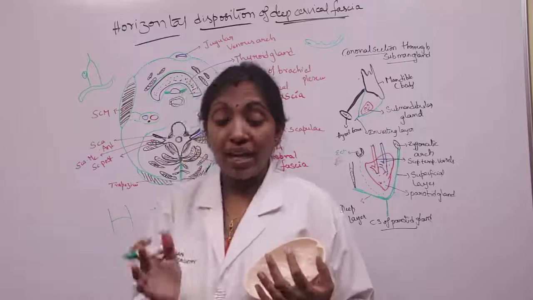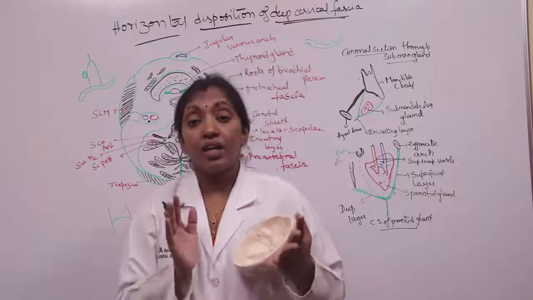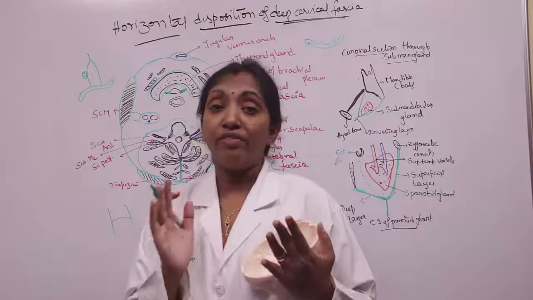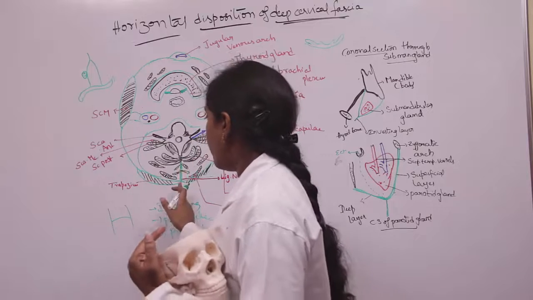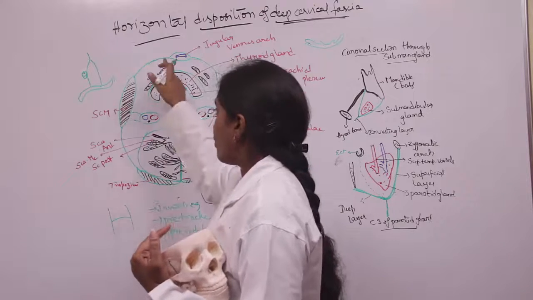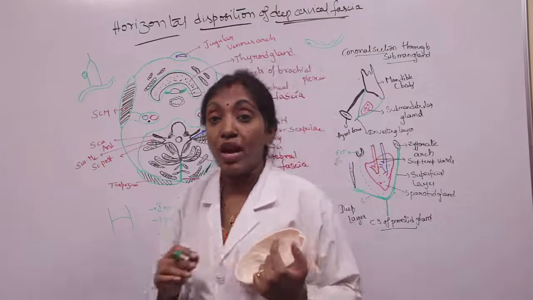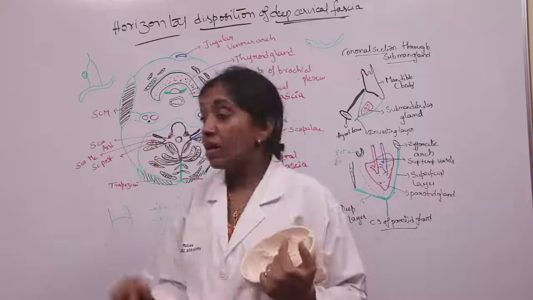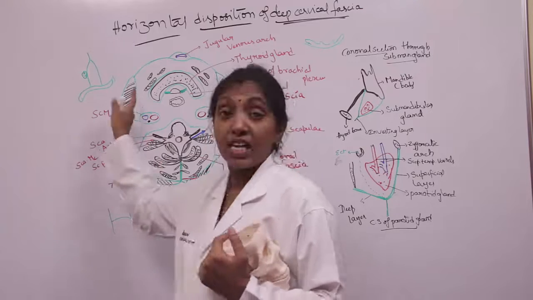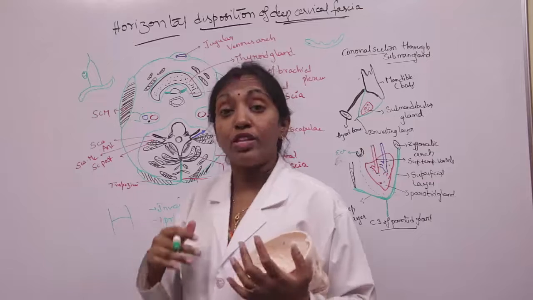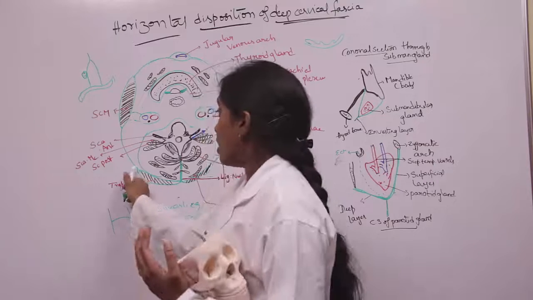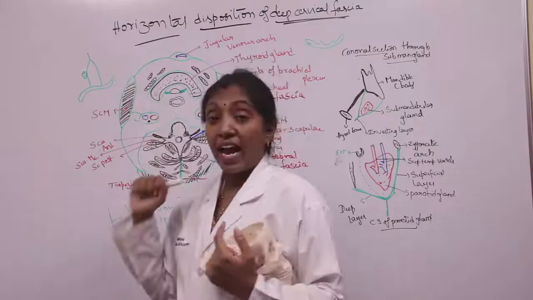So that's about the vertical disposition of the investing layer of deep cervical fascia. Horizontal disposition: it splits to enclose two muscles, trapezius and sternocleidomastoid, and forms the roof of two triangles, the posterior triangle and the anterior triangle.